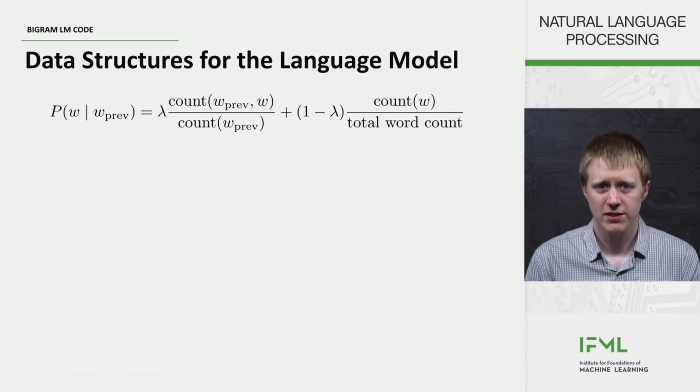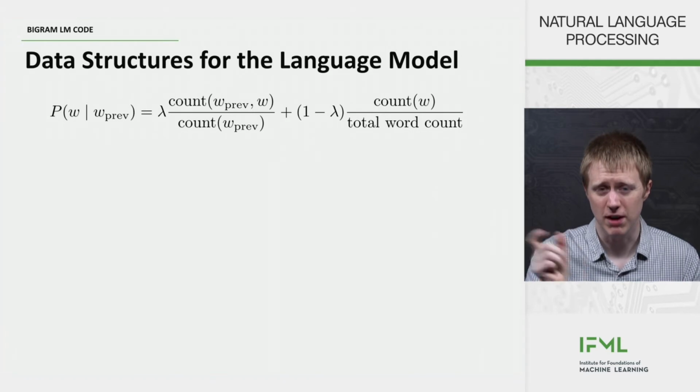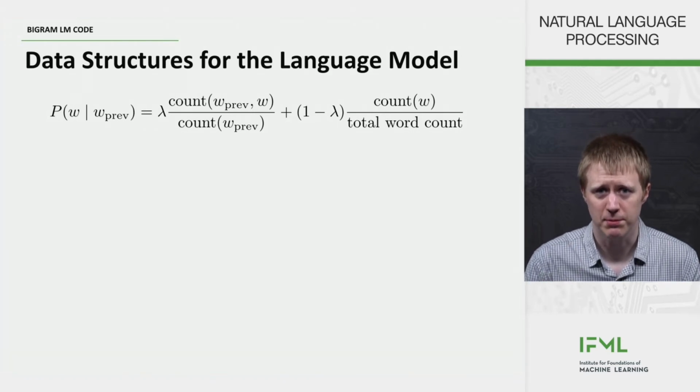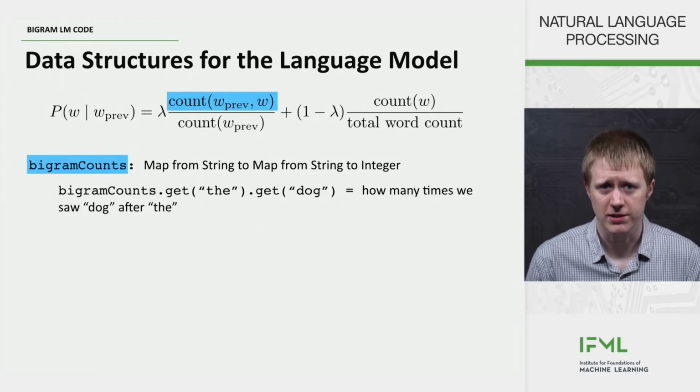We had this crazy looking formula, which had this term with the word pairs at the beginning, and then this term that we said was basically the unigram language model probability, the count of a single word divided by the total number of words. So we need to compute several sets of counts in order to compute this.